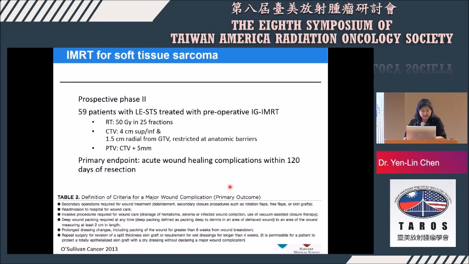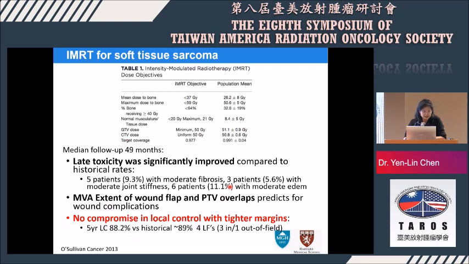So IMRT, and I won't go into this in great detail, but nice studies from Brian O'Sullivan, Princess Margaret, showing that with IMRT, acute complications are pretty similar to other forms of pre-op radiation, but late toxicity is significantly improved compared to the NCI, the previous pre-op, post-op. So the complication rates are down in the kind of 5 to 10% range.